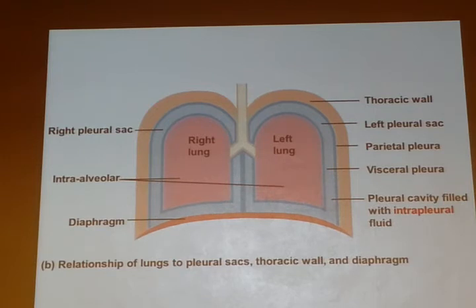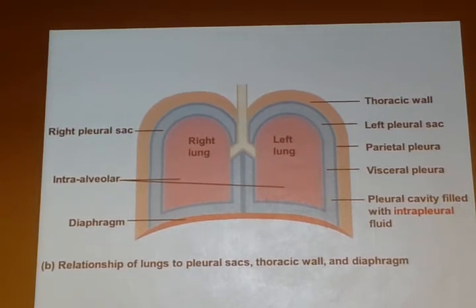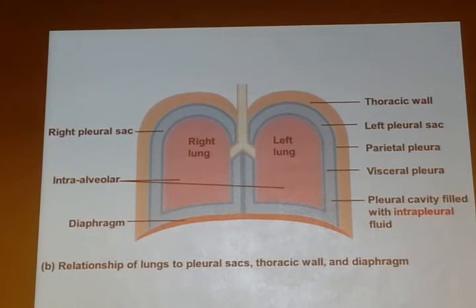Intrapleural is between the visceral and parietal pleura. That's going to be a negative pressure, maybe negative 3, 4, or 5 millimeters of mercury.